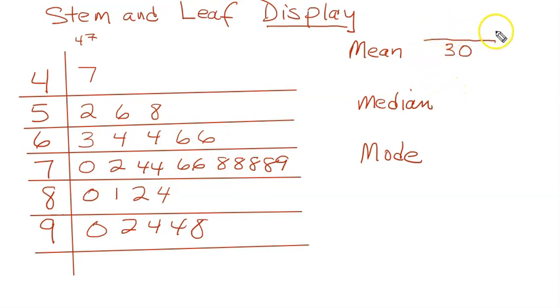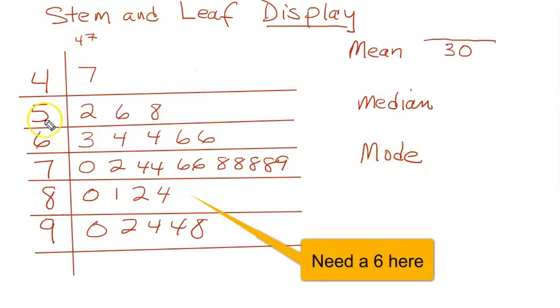Then once you do that, and again it's laid out nicely, what will be the median, and then what would be the mode? Again, in this arrangement, the median and mode are very easy to pick out.